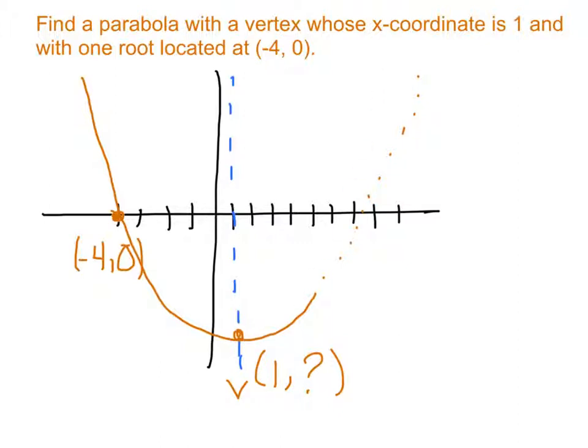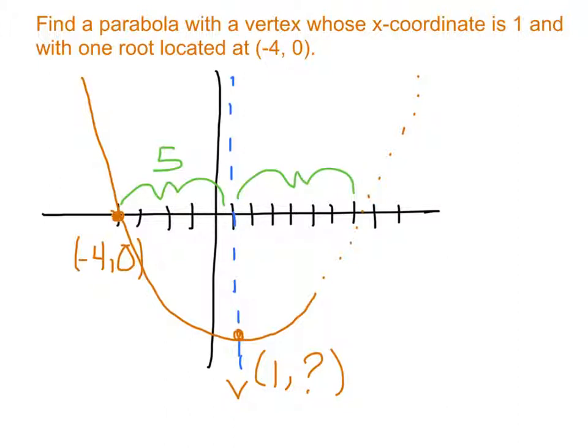So that tells me that if the distance from one root to this line where the x-coordinate of the vertex is represented is 5, and it is, I go from -4 to 1, 1, 2, 3, 4, 5, then my distance to the next root must also be 5.